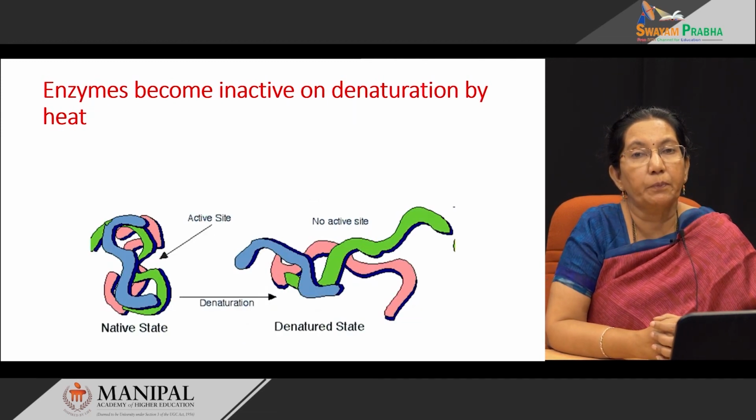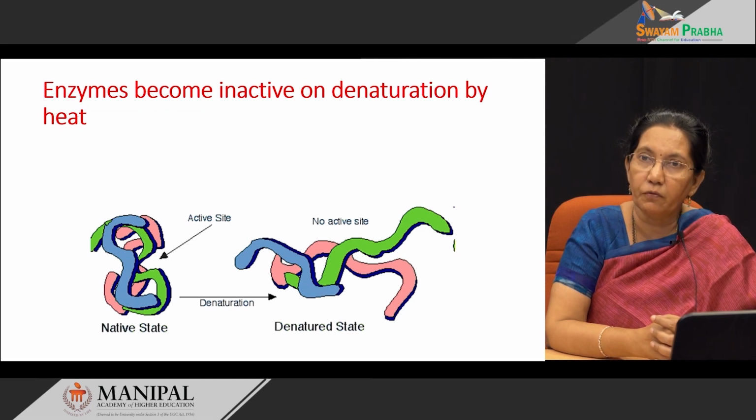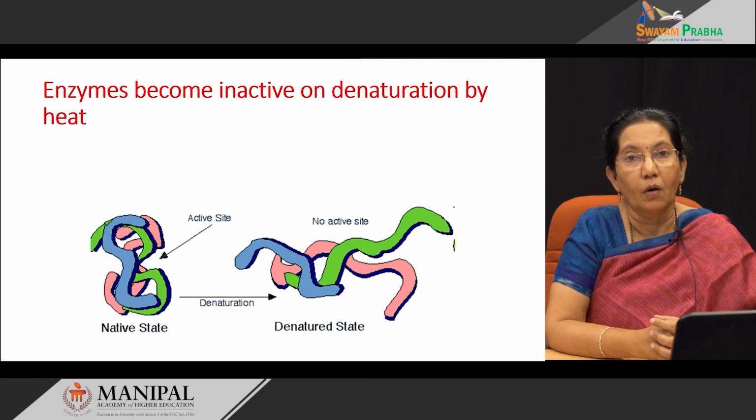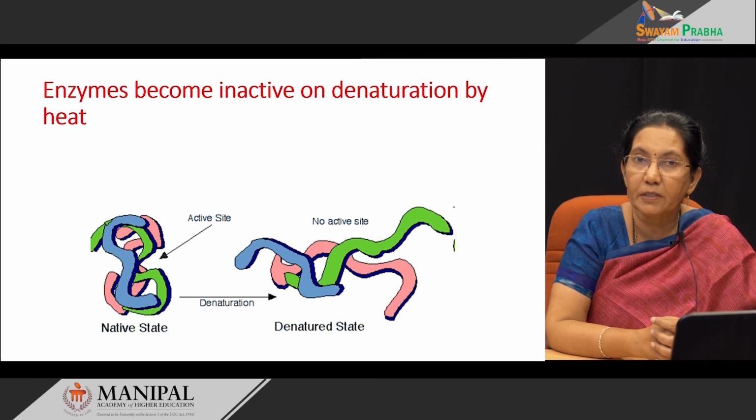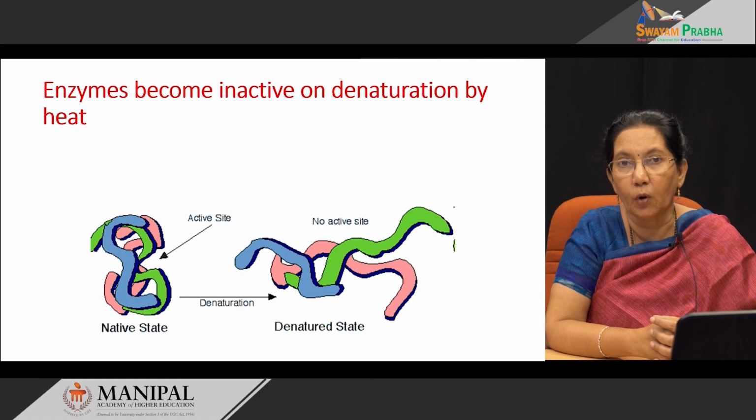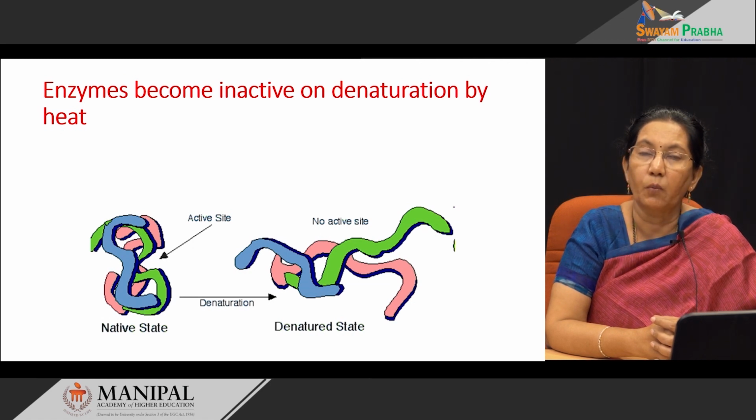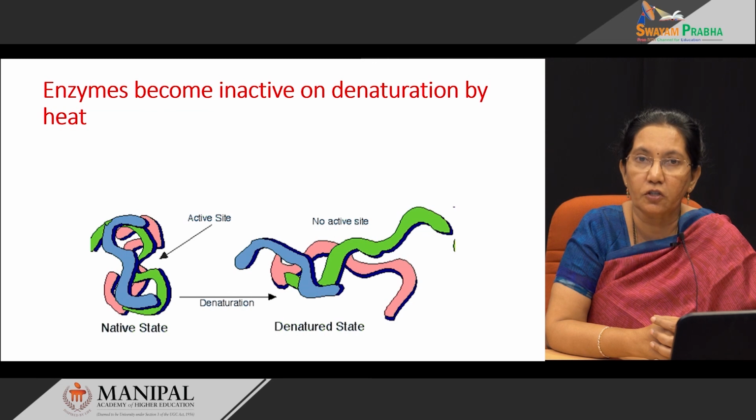We have heard that when proteins are heated, they become denatured. So also we know very well that enzymes can get inactivated when temperatures increase. Again, this is connected to the active site. When temperature increases, what happens to the protein? It loses all the non-covalent bonds, the hydrogen bonds, the inter-salt bridges, all that which gives stability to the tertiary structure.